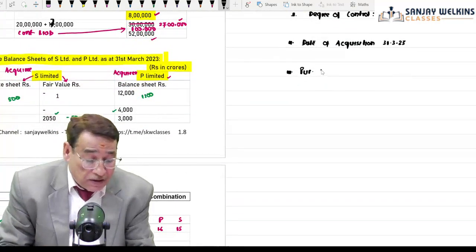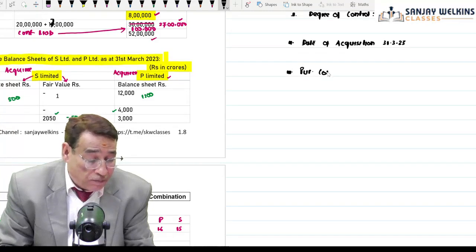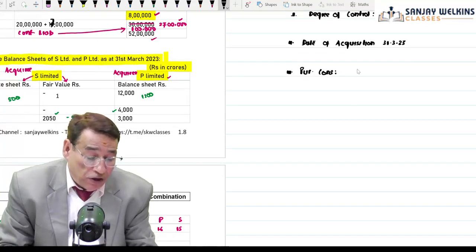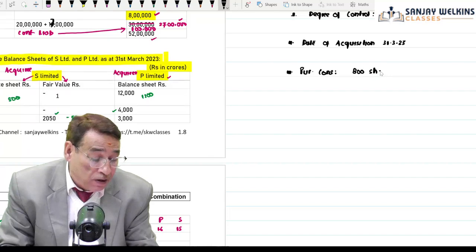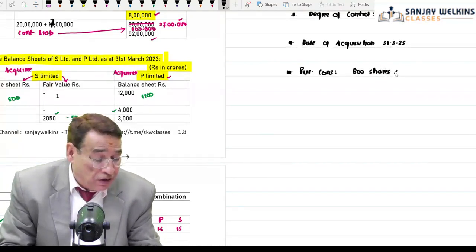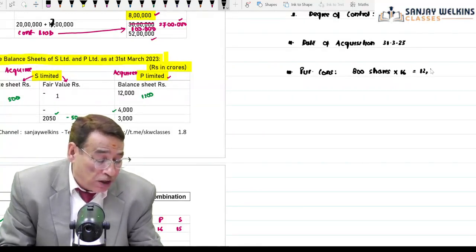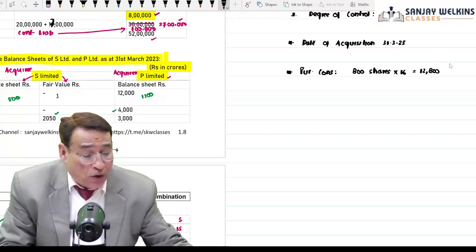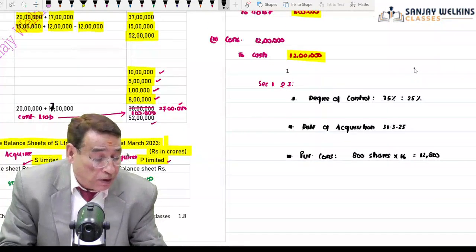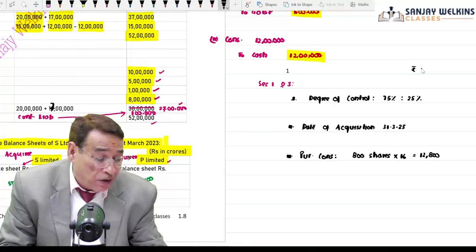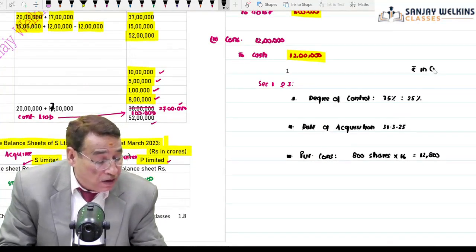To find purchase consideration, I multiply 800 shares by 16, which equals 12,800 crores. All the figures are rupees in crores, and you must write that in the examination. Is it clear to you?